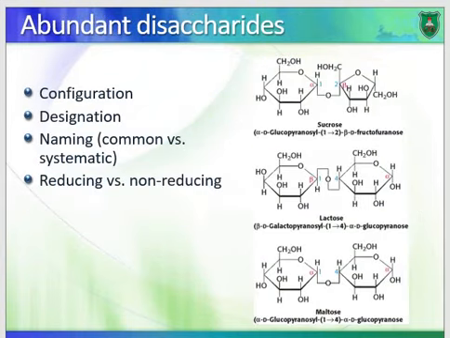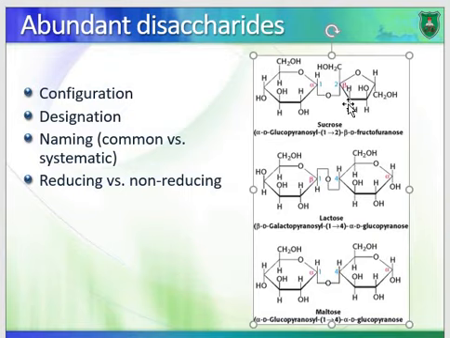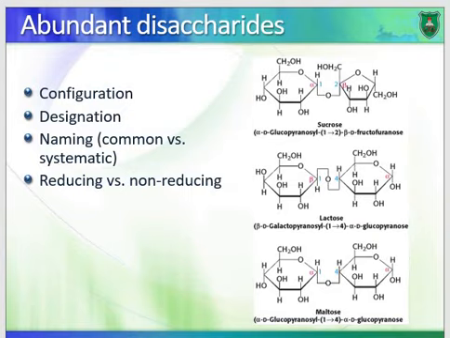Okay, so for example, the first one right here is the saccharose. Saccharose is the common table sugar. It's made of glucose and fructose. So this is glucose, look downwards right here, and this is the fructose, 2 carbons outside, and the connection happened through carbon number 1 on the glucose, the anomeric carbon, and carbon number 2 on the fructose.